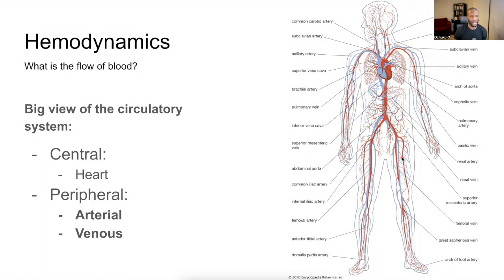Remember, we spoke about how they're like road networks, and the heart is the central hub. You have blood leaving the central hub, going to all these different tissues, versus the veins coming back from those tissues and sending blood all the way back to the central hub. So those are the two breakdowns of the system when we look at the circulatory system.